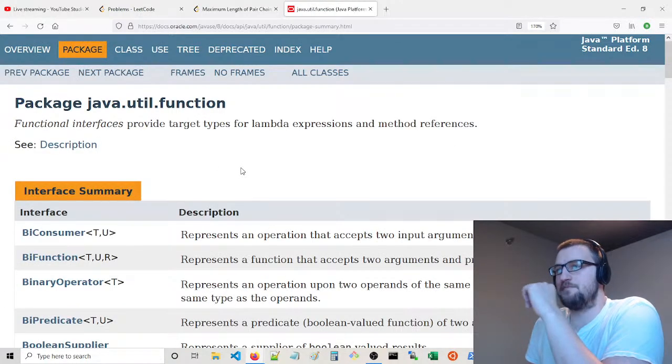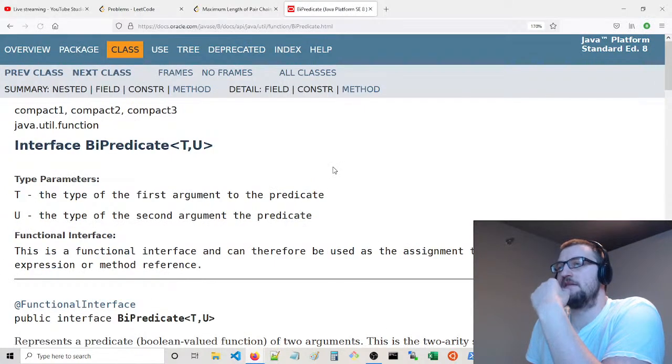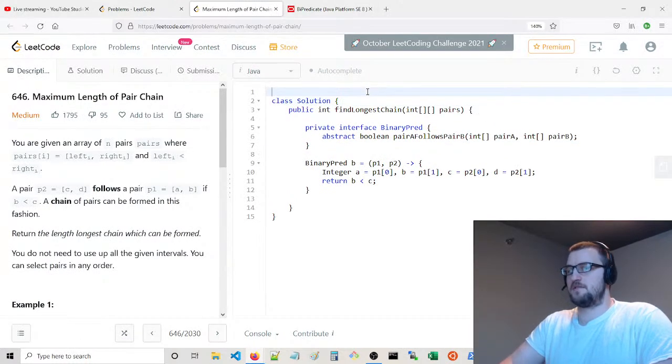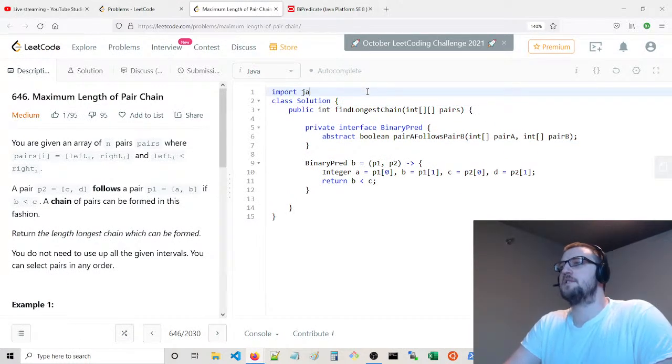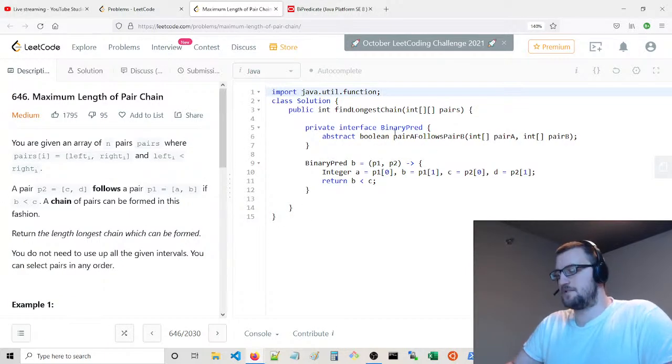Yeah, BiPredicate is what we want, in java.util.function. So really we want import java.util.function, and I guess it would be everything there.